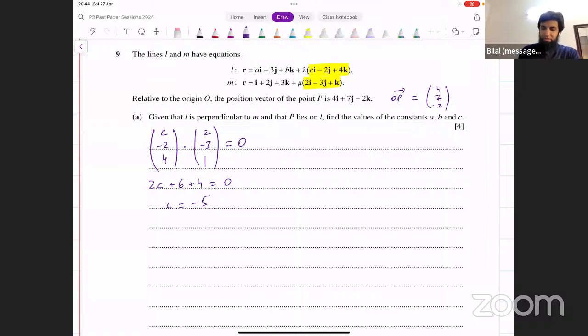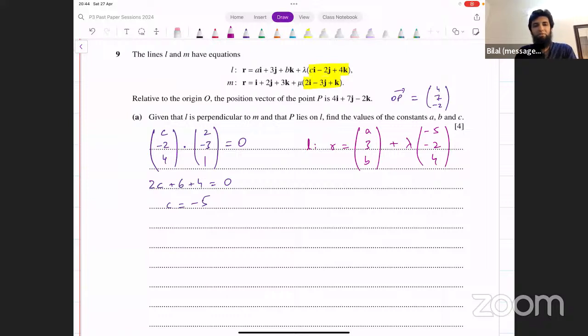And now it says point P lies on L. What's the equation of the line L? The equation of the line L is this. It's r equals, let's write this in column form again. It's a, 3, and b plus lambda into c. We've got the value of c now. The value of c is minus 5, minus 2, and 4.